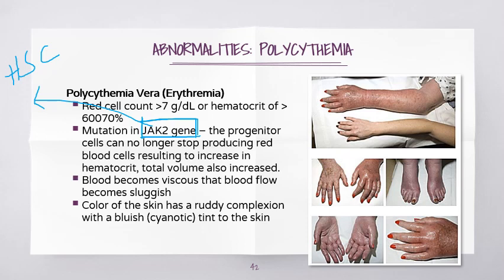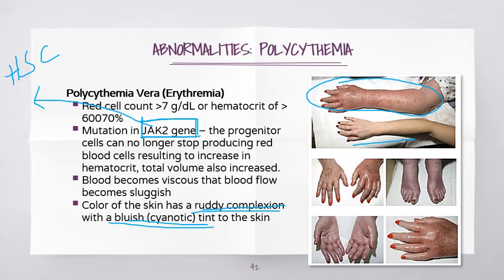So because there's also increase in red cell, the complexion of these patients become bluish, cyanotic. This one compared to normal. Okay? So this is again caused by a mutation in the JAK2 gene.